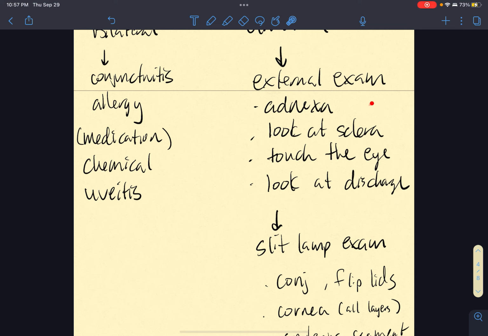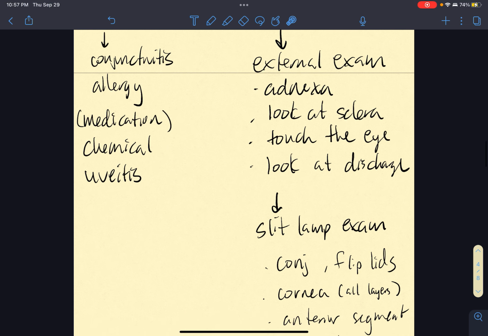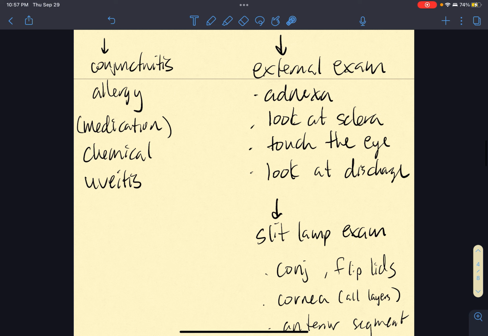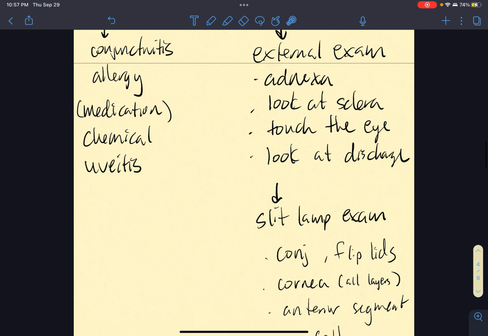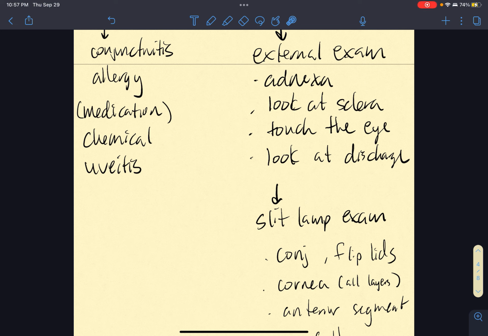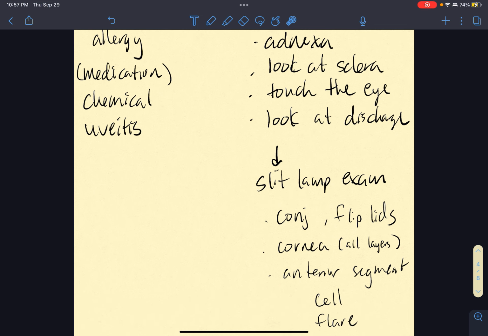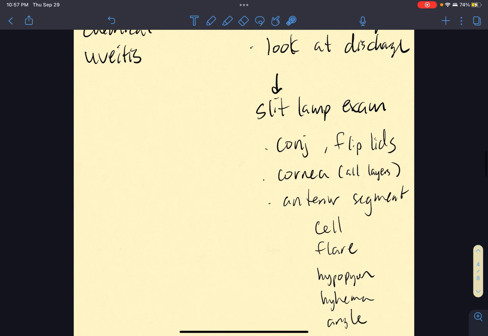Look at their adnexa, the lacrimal sac. Look at the discharge. Touch the eye. If they're jumping out of the chair and in severe pain, likely it's something a little bit more sinister. If they're not bothered by you touching the eye, then likely it is something less sinister, with the exception of certain types of scleritis, such as non-inflammatory necrotizing scleritis.